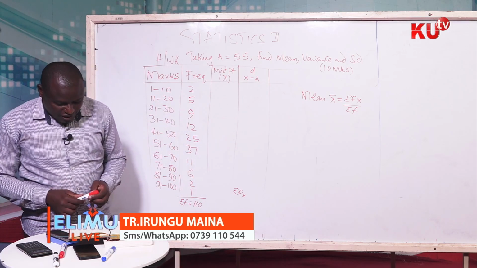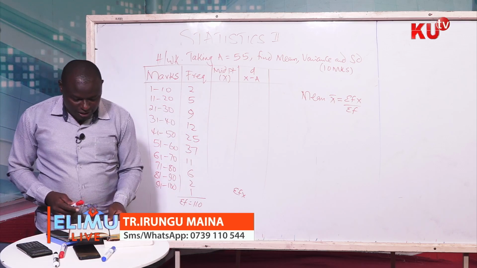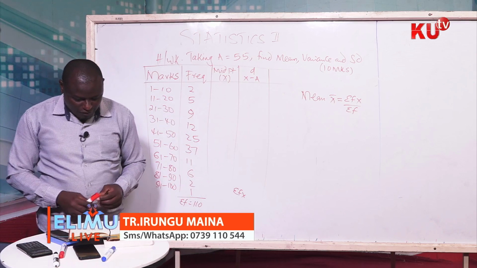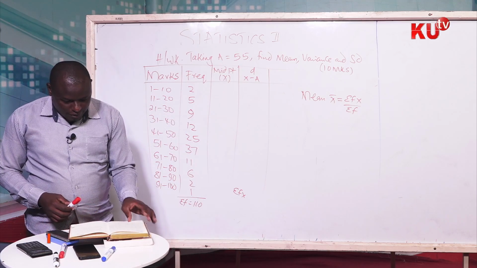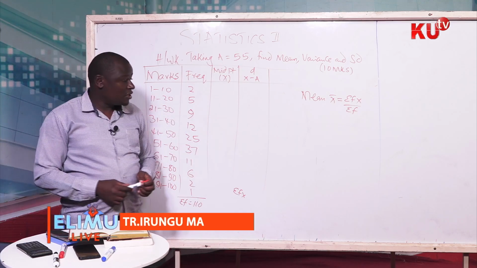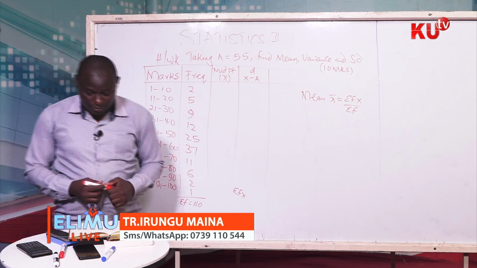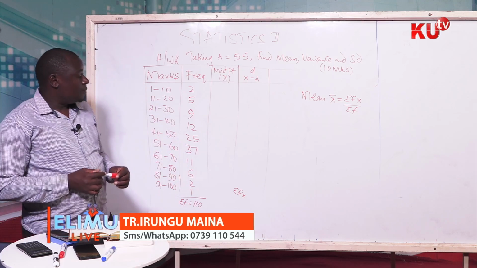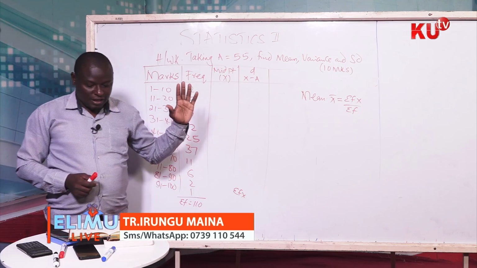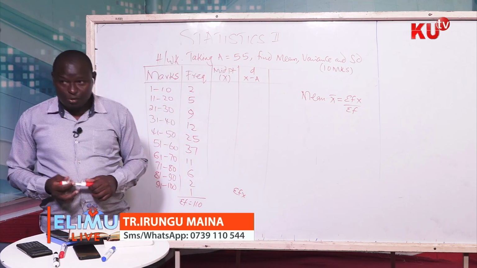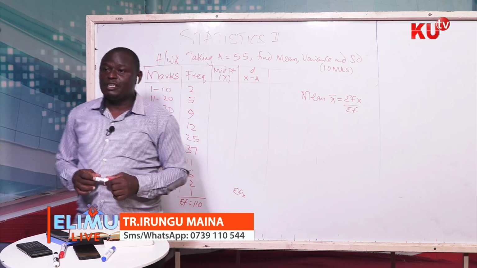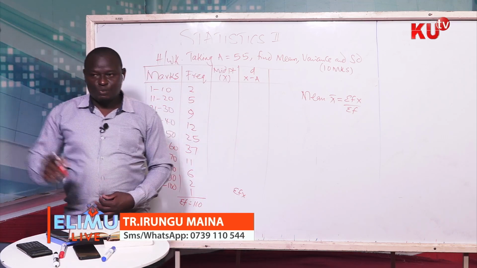I don't know whether there is one more question that we can handle as we come to the end of the lesson, because we have talked about much of what we ought to have talked about. But my emphasis again goes to the approximation. You noted that when I was writing the answers, I was very keen to write many decimals.